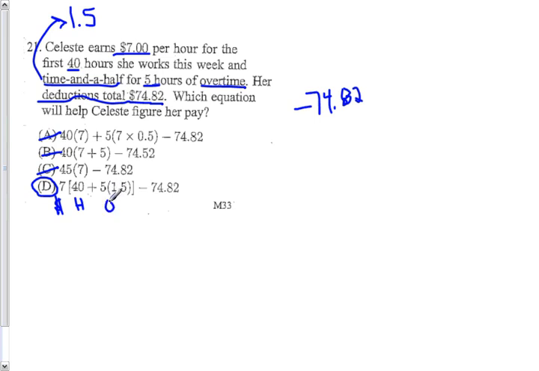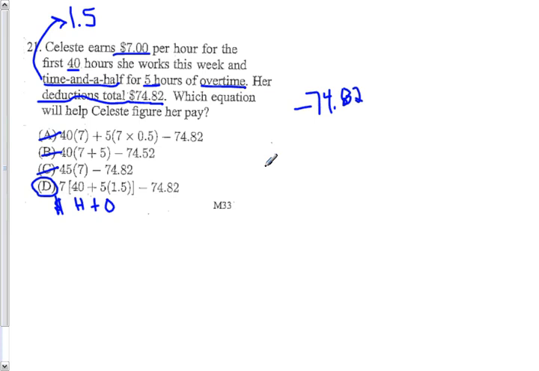Now this would be our overtime hours. So our regular hours H plus our overtime hours O. We earn those at time and a half. So we would do 40 plus 5 times 1.5, and then we would multiply that times 7, and that would give us our total pay, and we subtract out our deduction.